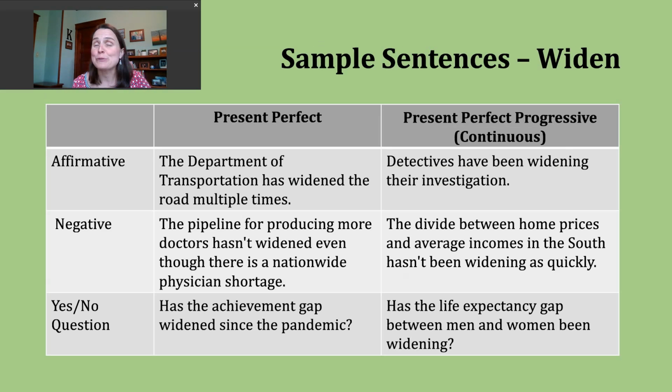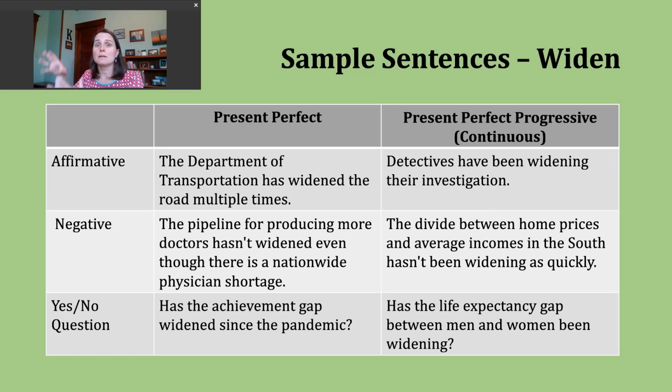We sometimes use this verb tense to talk about an action that started in the past and continues into the present, but we can also use it to talk about completed actions that occurred at an indefinite time in the past. An example would be, I don't know exactly when something occurred.